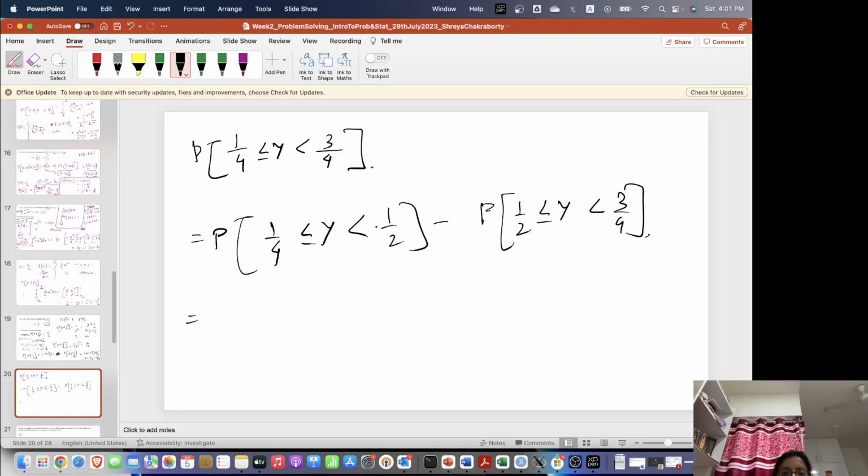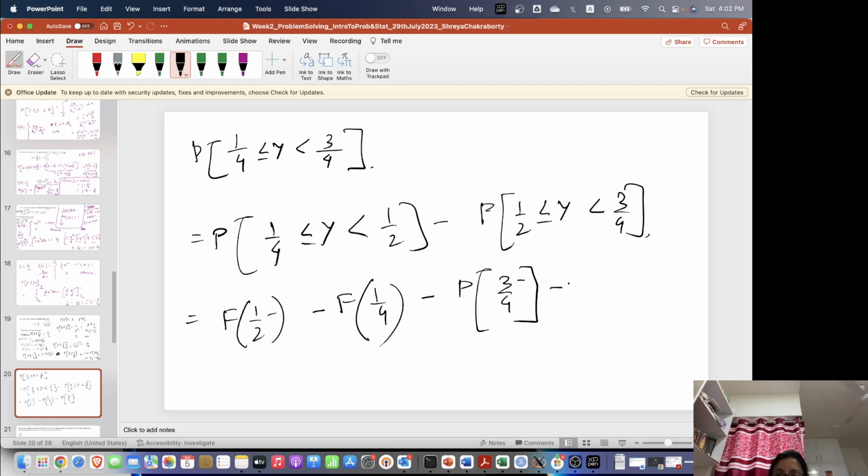Okay, so this means f half minus f 1/4 minus probability 3/4 minus plus probability y less than half. Sorry.